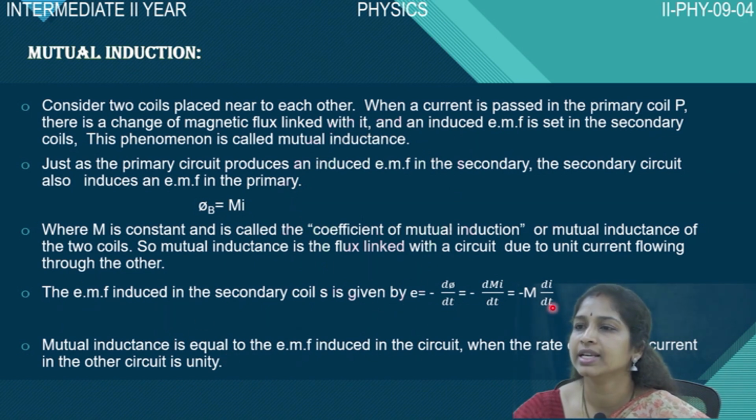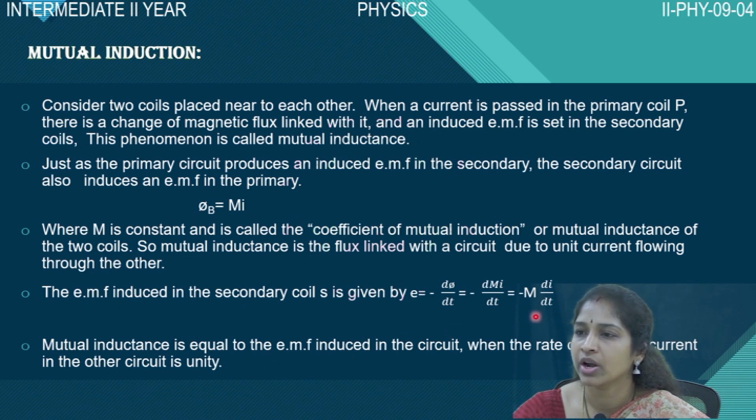Mutual inductance is equal to the EMF induced in a coil or circuit when the rate of change of current is unity in the other coil. That you have to mention, other. In a coil, there is an induced EMF that is developed. Due to what? Due to the rate of change of current being 1 ampere in the other coil.